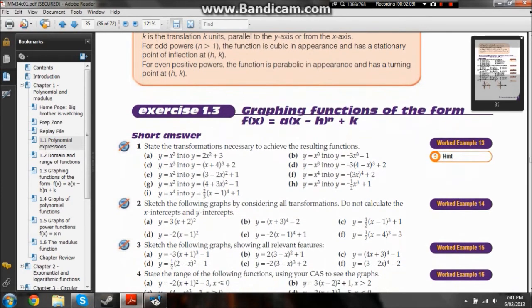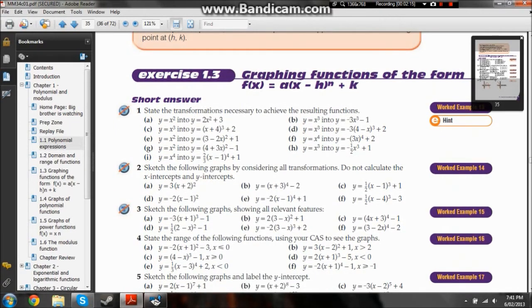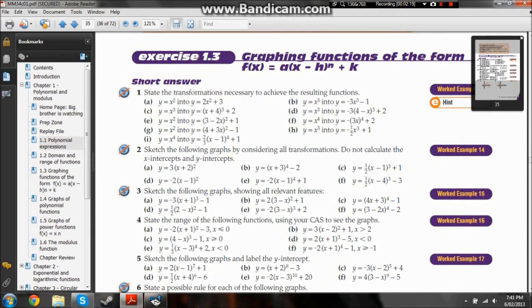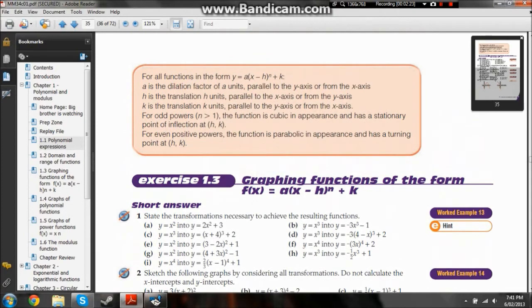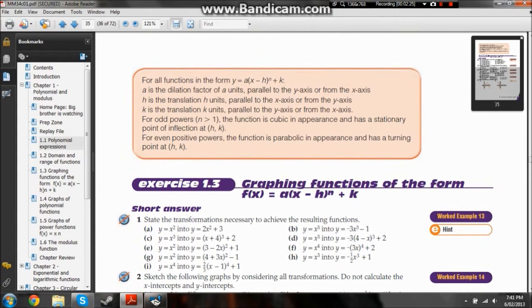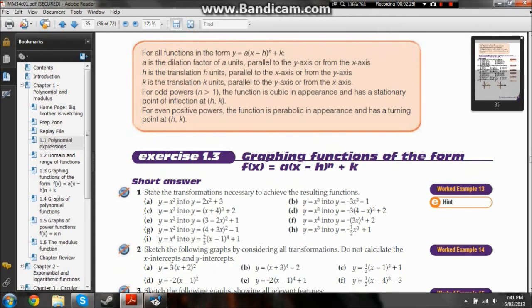All these are the same, but you have to look out for the cubics, because they're not like a quadratic, and they don't move the same way. But if it's in brackets like this, it does say here, for odd powers, the function is cubic in nature and has a stationary point of inflection at (h, k). So you take this value negative, because it's negative in this equation, you have to take the negative of it.